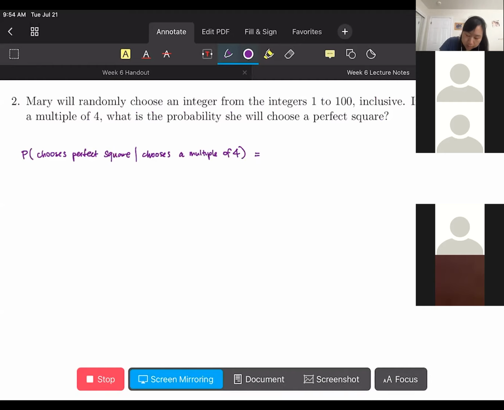Okay. What about the numerator? We want the number of perfect squares that are also multiples of 4.